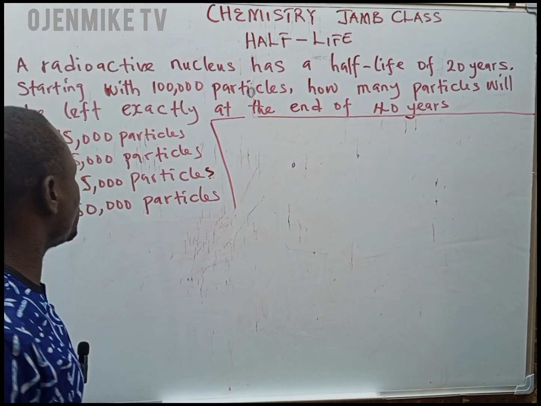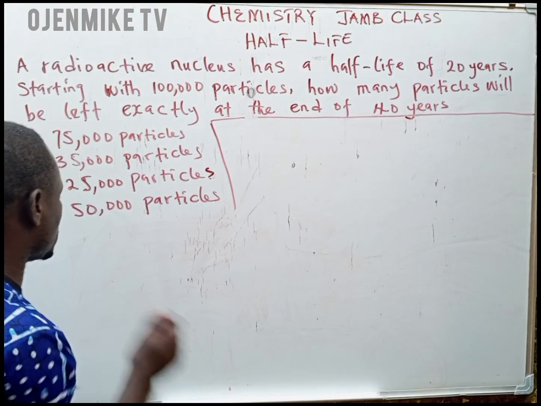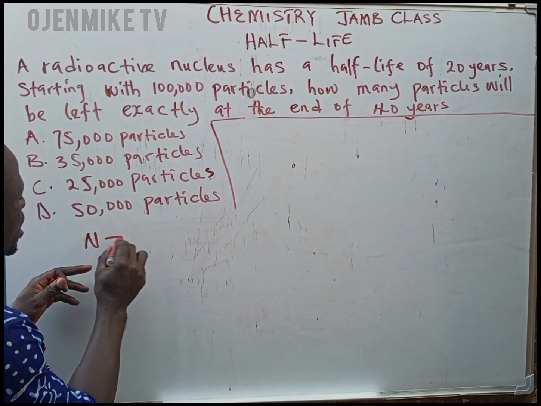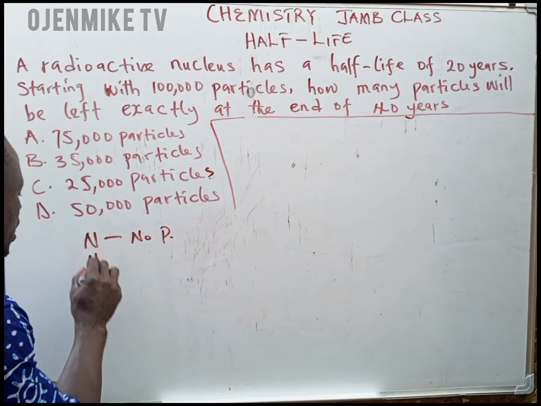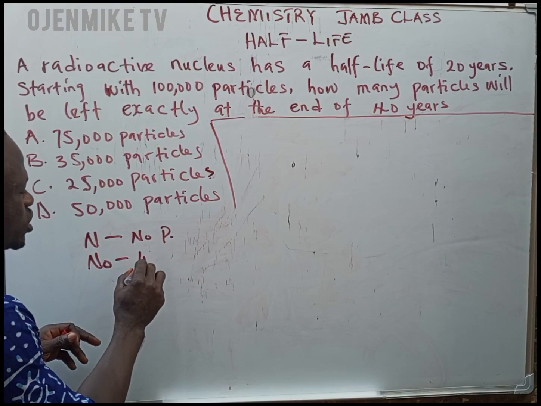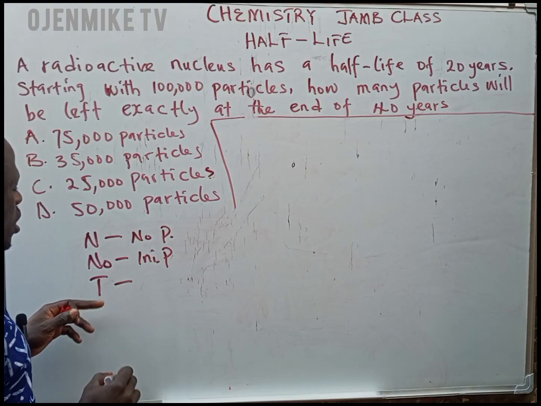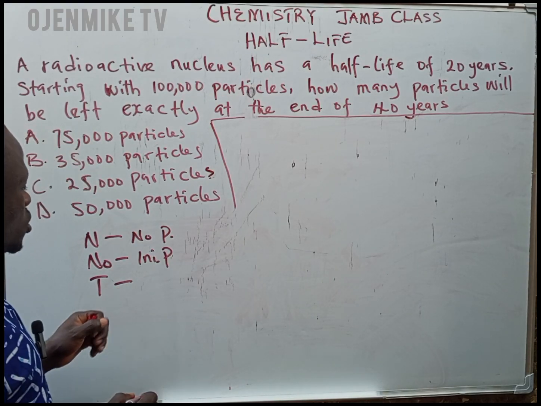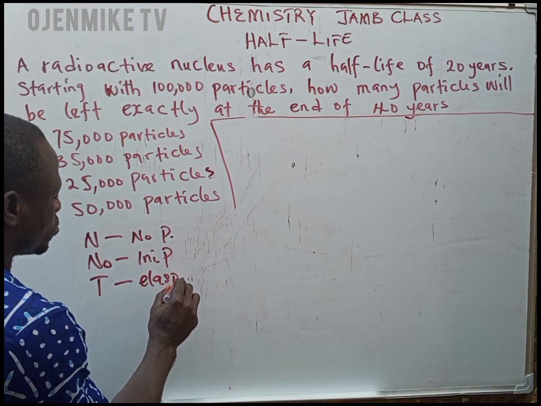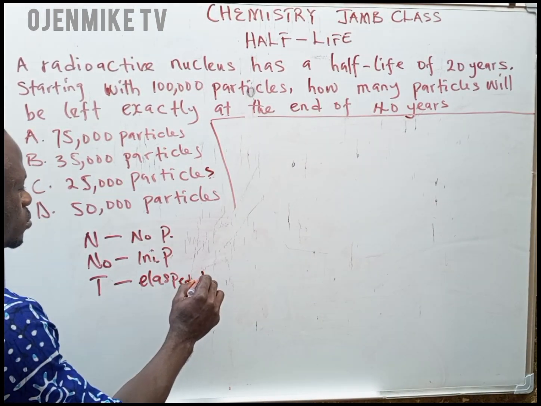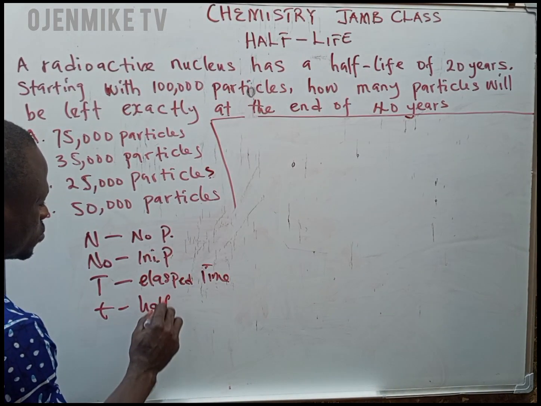Now let's proceed. When you are solving a radioactive half-life question, remember this: N stands for the number of particles. N0 stands for the initial number of particles. T stands for the elapsed time, and small t stands for the half-life time.